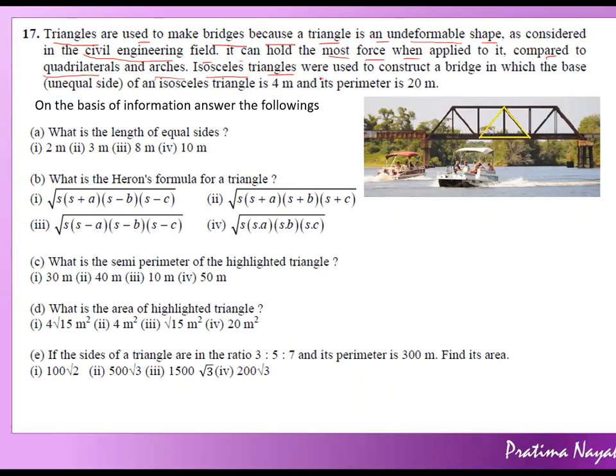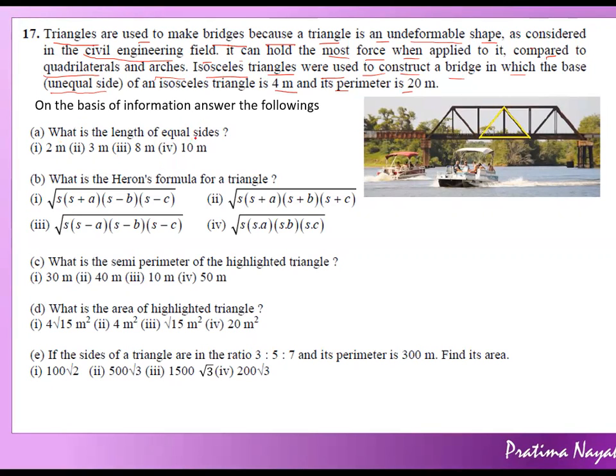Isosceles triangles were used to construct the bridge in which the base of an isosceles triangle is given as 4 meter and the perimeter is 20 meter. You can see the figure. This yellow color is the triangle mentioned in this question. On the basis of the information, now answer the following.